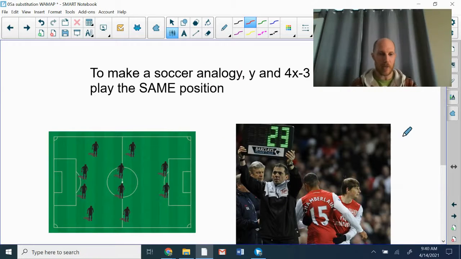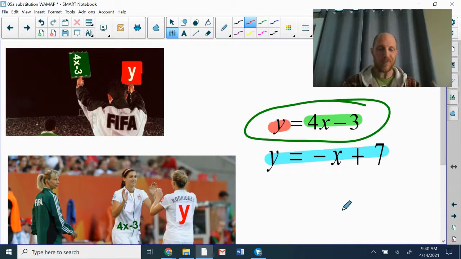I'm going to use soccer to make an analogy here. I know lots of sports have substitution, and soccer is the only one where at the professional level you get this awesome symbol that works for our analogy. The assistant referee over on the sideline will hold up the substitution board with the number of the player going off and the number of the player going on. And so we're going to make an assumption and say that we're going to make a like for like substitution.